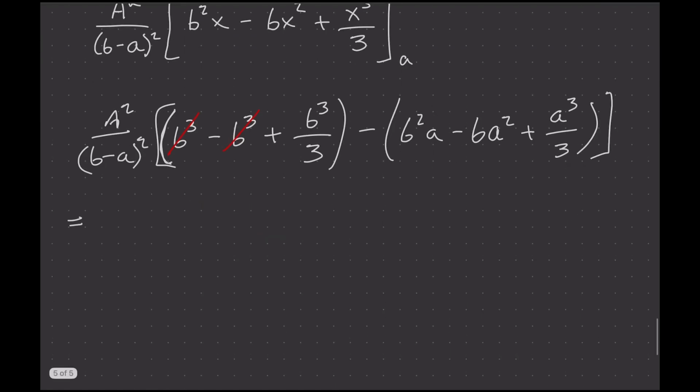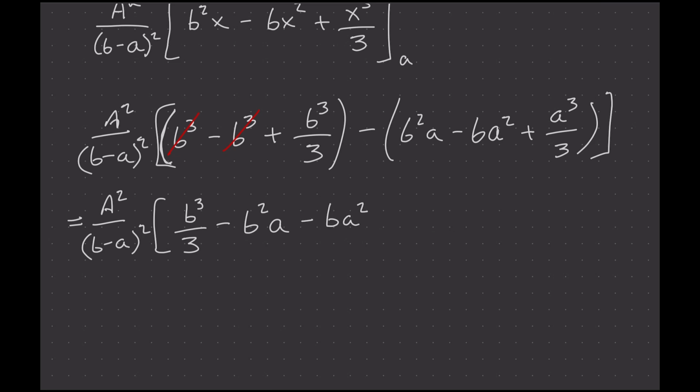Equals. So here we have a squared over b minus a squared. Now what we have is b cubed over 3, subtract b squared a, subtract ba squared, plus, oh, my bad, subtract, this is minus minus, so this becomes a plus, this is minus, so it becomes a minus, a cubed over 3.